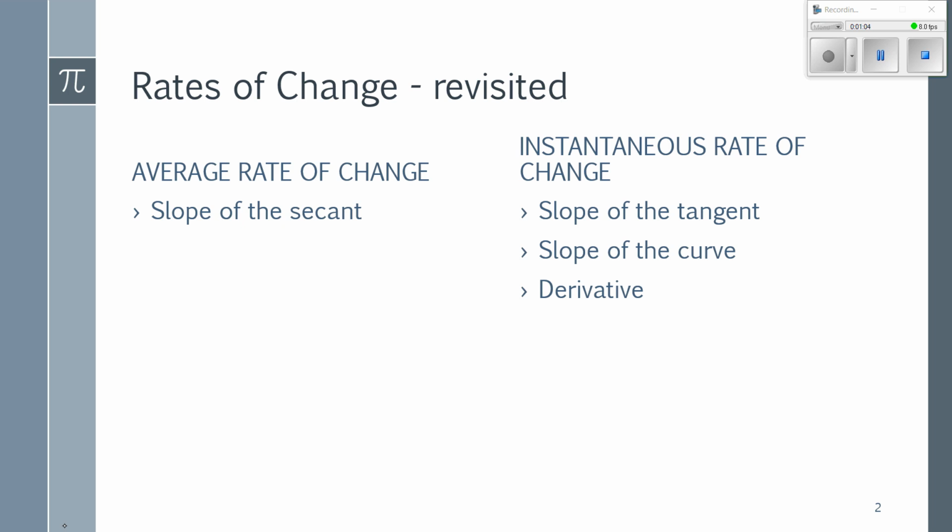And then as we move the movable point closer, it gets so close we say, well, it might as well be the point of tangency. We can also call that the slope of the curve, since we're only at 1 point on the curve.